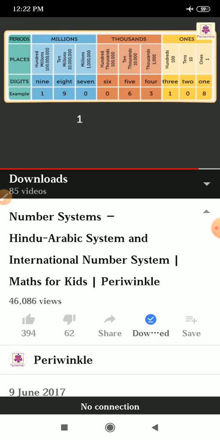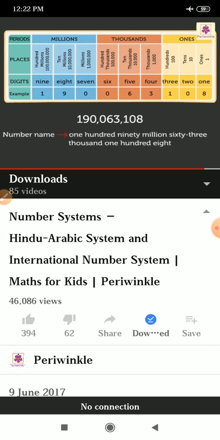Class, I hope you all have understood the video. So here I am going to explain. See, this is the Indian system of numeration and this is the international system of numeration. See, in the Indian system, what do we write?